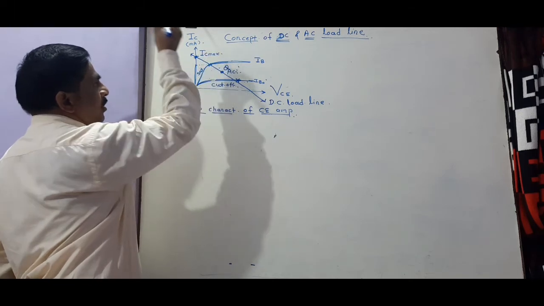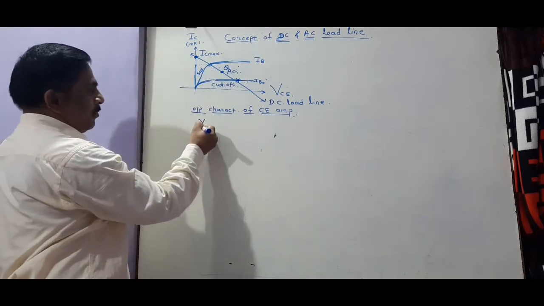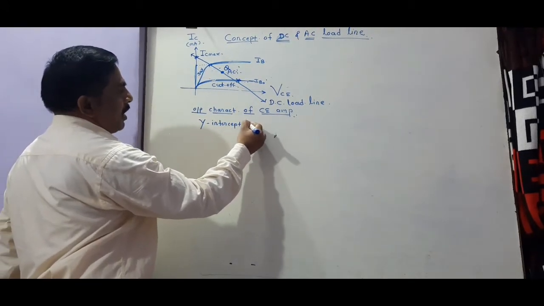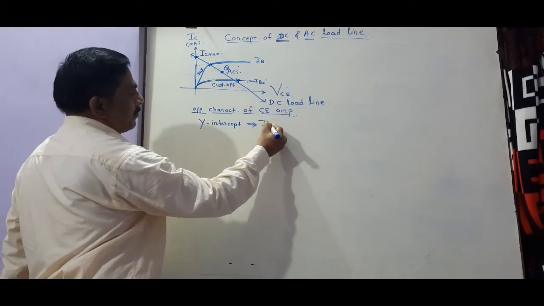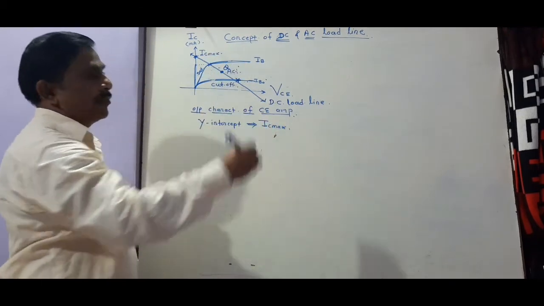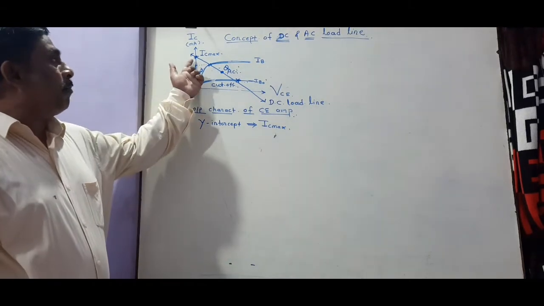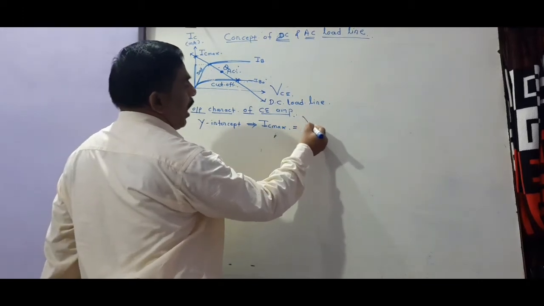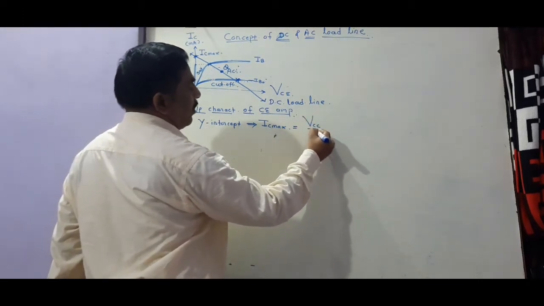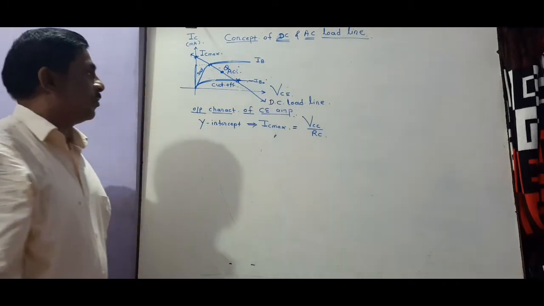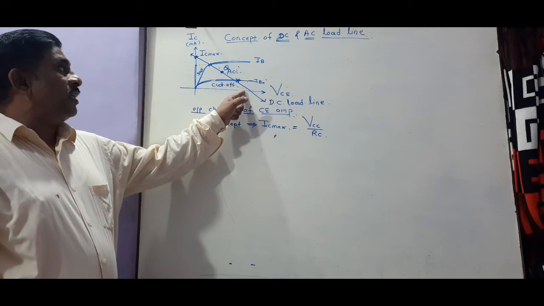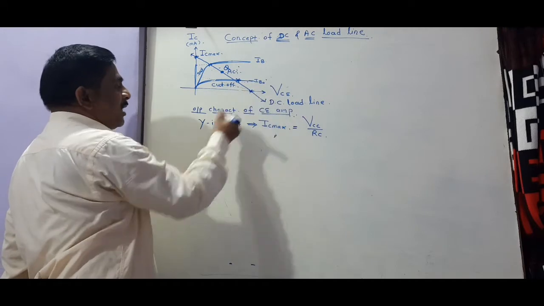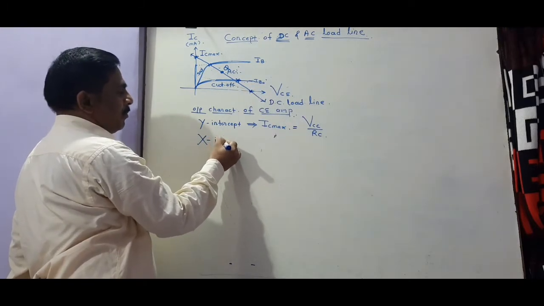So the y-intercept, or current intercept, is the maximum collector current IC max. Generally in a common emitter amplifier, IC max is obtained as VCC upon RC. We will see this in the diagram further.